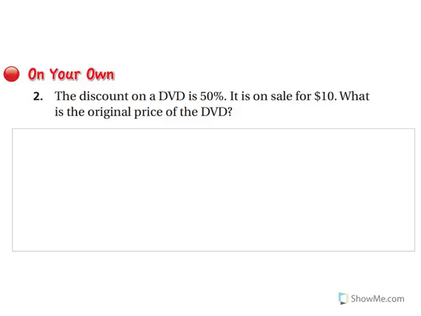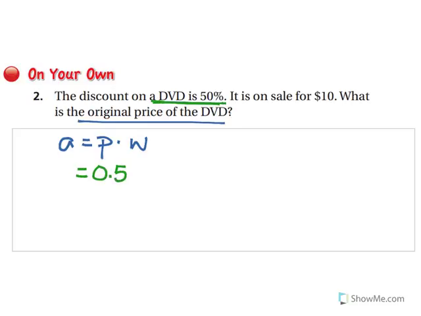Okay. In a problem like this, we're going to try to find the original price. If you remember, to do this, we're most likely going to benefit from using the A equals P times W, because we know what the percent is. It tells us right over here. We know the percent is 50%, so I can put a 0.5. We know that it's on sale for $10, so I can put 10 for the partial, because that's not the full price.